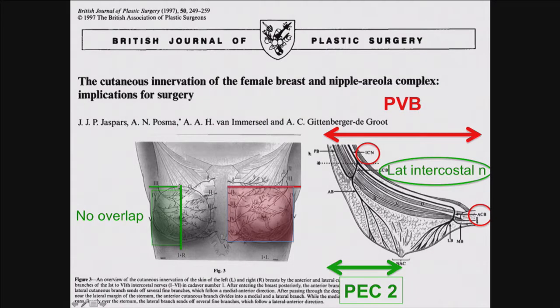This practically means that when you do a PEC2, you put a sleeve only on the lateral side of your breast. While, on the other hand, when you do a paravertebral block, you block both sides, medial and lateral side of the breast, and there is nearly no overlap. Fortunately, most of the tumors are located in this area.